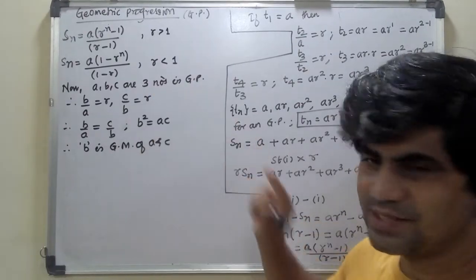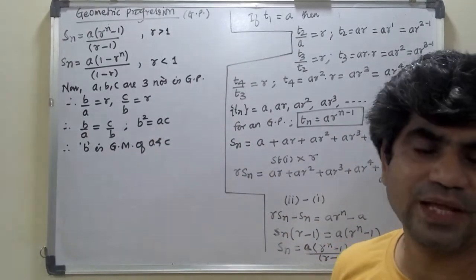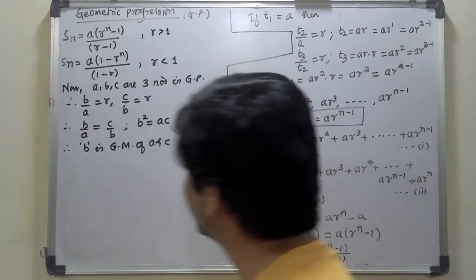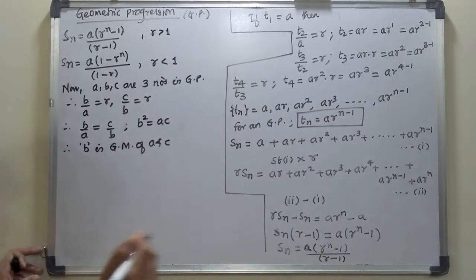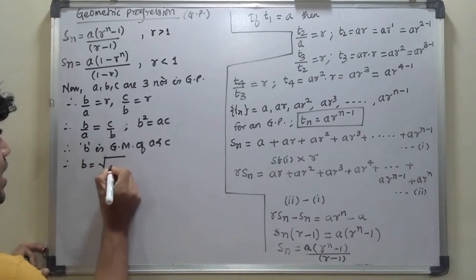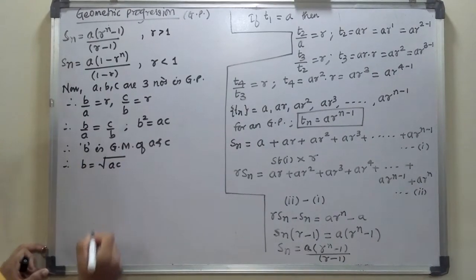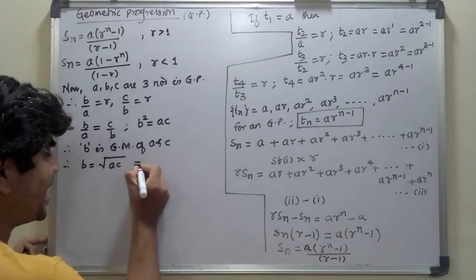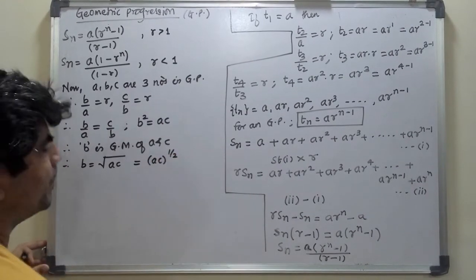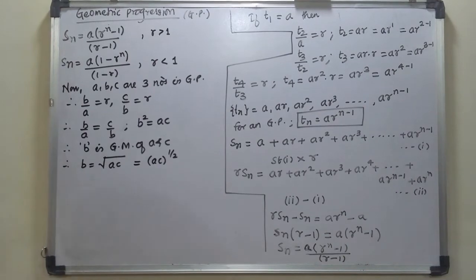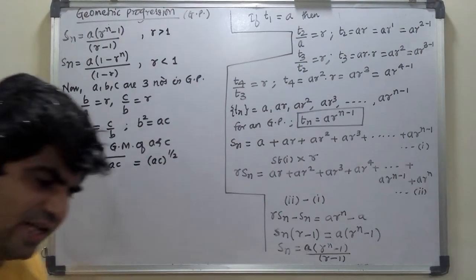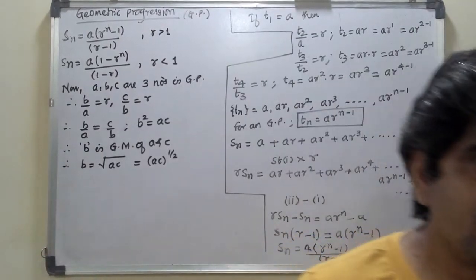So if there are three numbers in GP, then the middle term is called the geometric mean of the other two, where B is the geometric mean of A and C, indicating B is equal to under root AC, or AC raised to 1 by 2, that is the second root. Obviously this is only for three numbers.